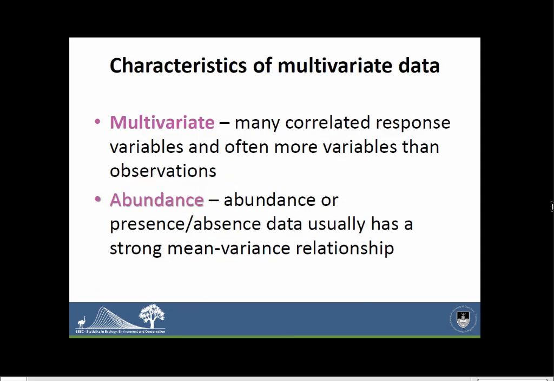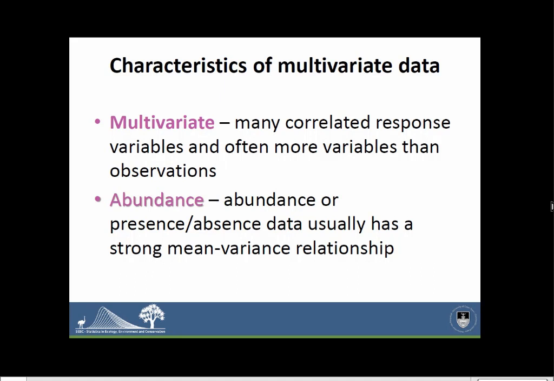So the characteristics of the multivariate data that are really important are, one, that they're multivariate, of course. So they have many correlated response variables, and often there are more variables than observations. For example, you can have 20 sites and 100 species. So variables here are your species, and observations would be sites.